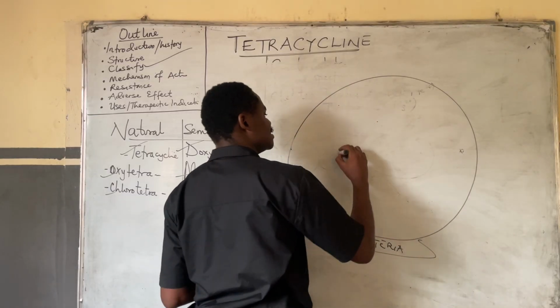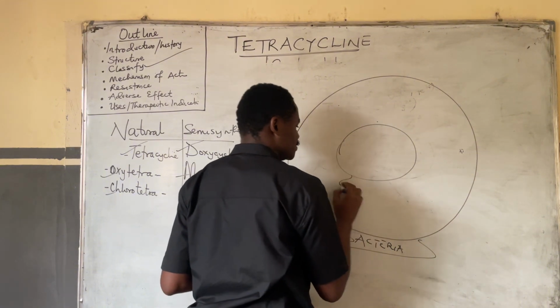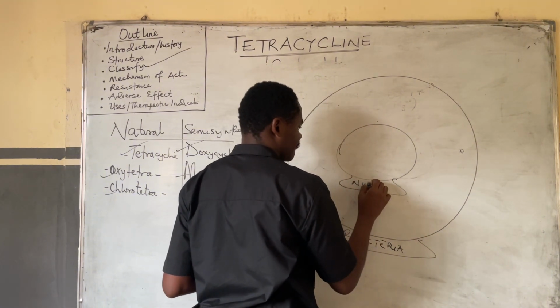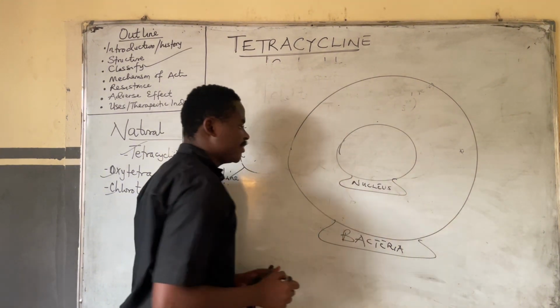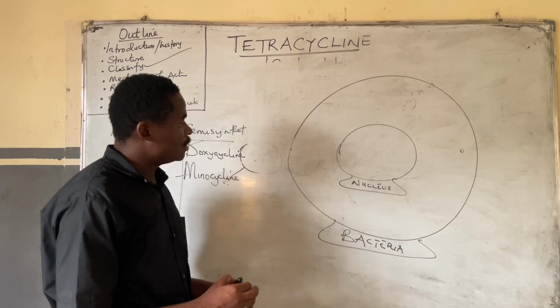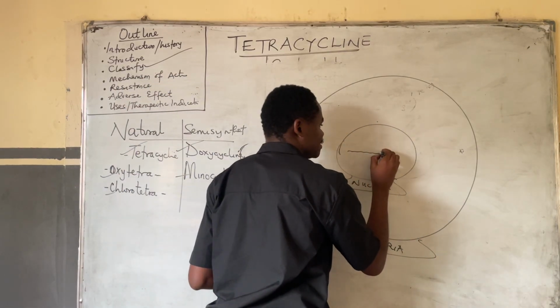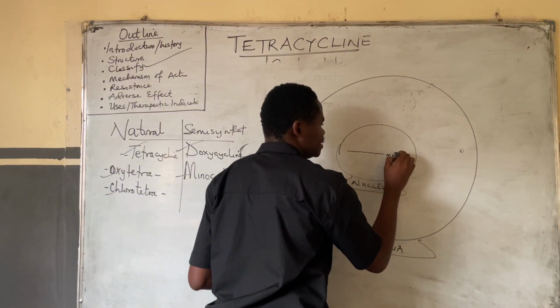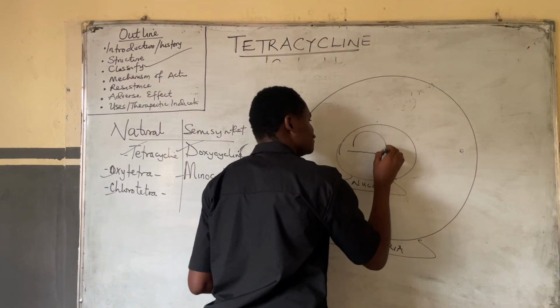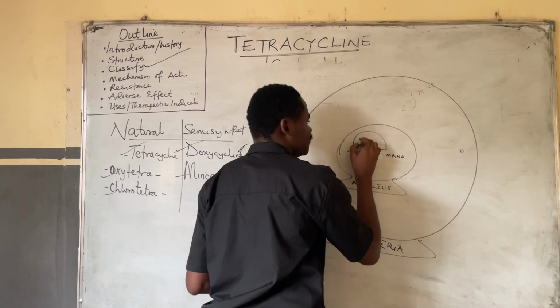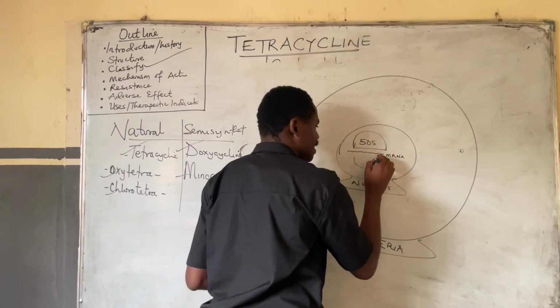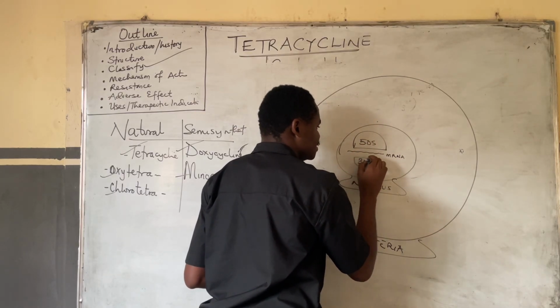In this bacteria cell, we have a nucleus. In the nucleus, we have protein synthesis from mRNA, and here we have ribosomal units called 50S and a smaller one called 30S.